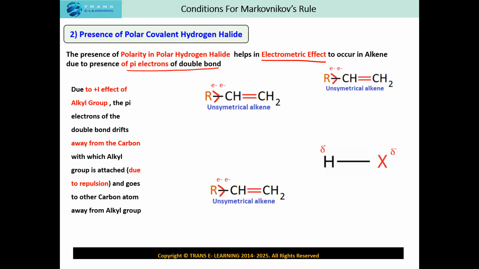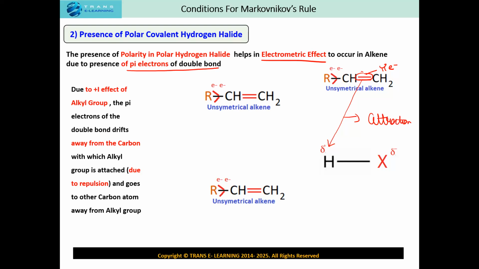I would like to explain one thing: this partial positive and partial negative charge on the halide will attract the pi electrons. This bond is the pi electrons of the unsymmetrical alkene, right? So this pi electron will get attracted towards the partial positive charge of the hydrogen atom in that case. Now, because of this attraction, what is going to happen?